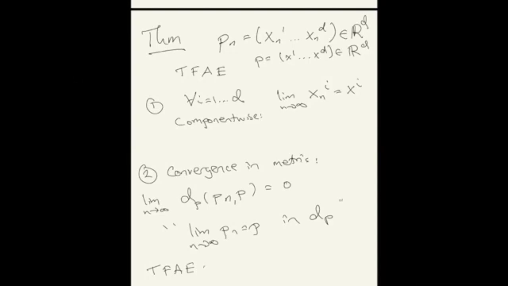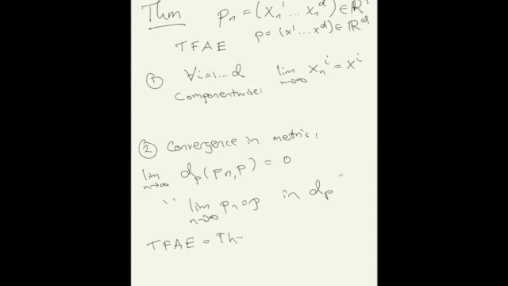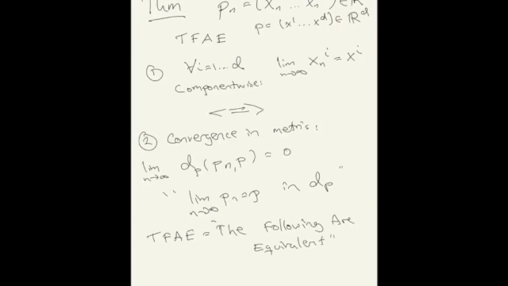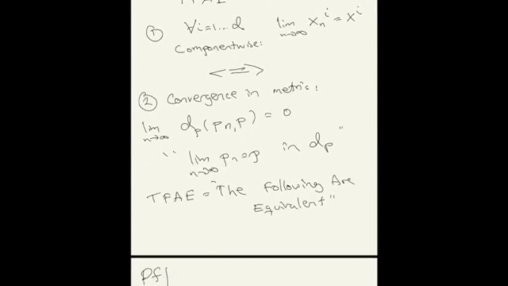TFAE is a convenient abbreviation for the statement: it's just that the following are equivalent. You could add in this middle equivalent statement. You'll find this in many places, many books, and many videos online also use this convention.